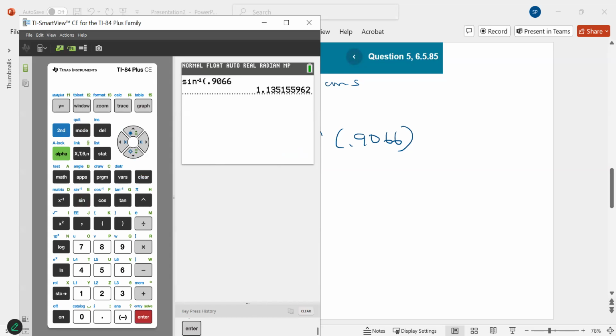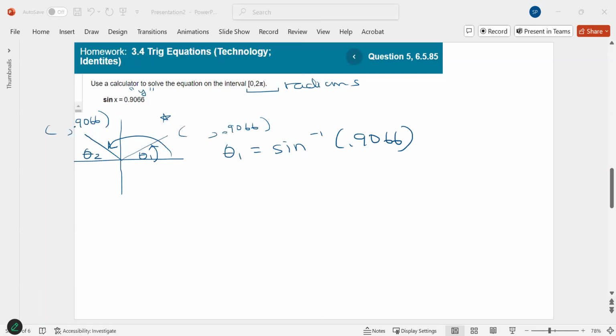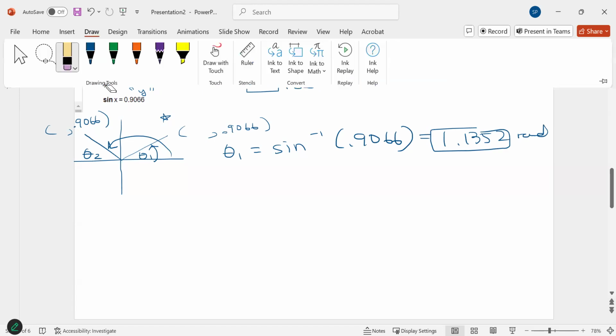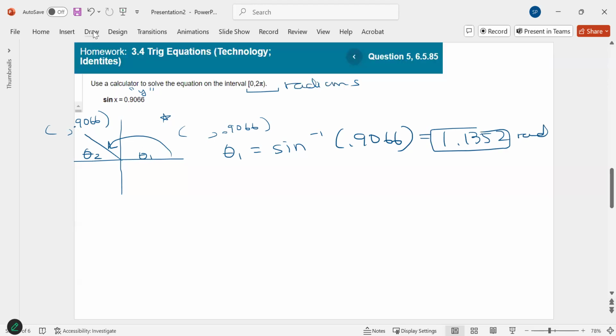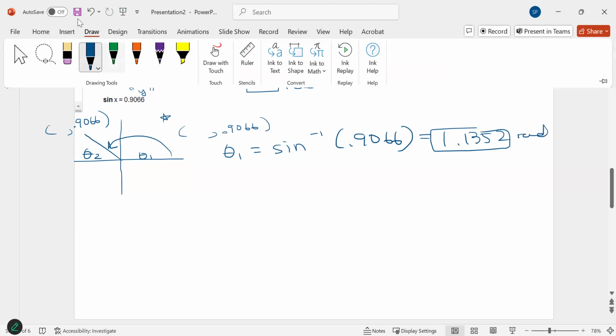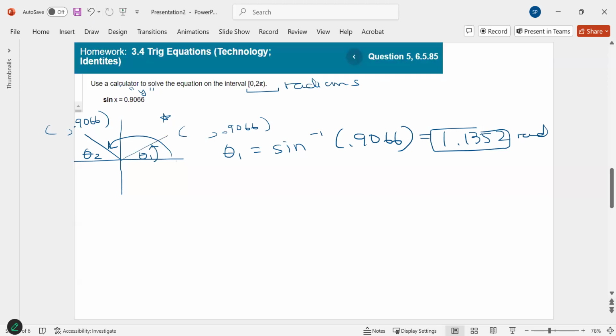It gives us 1.13. We're going to round to 4 decimal places, 1.1352. So I'm going to write that. It's 1.1352 radians. Okay, so that's the first angle here. This angle right here is 1.1352.